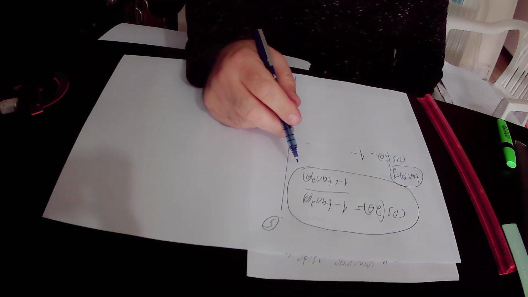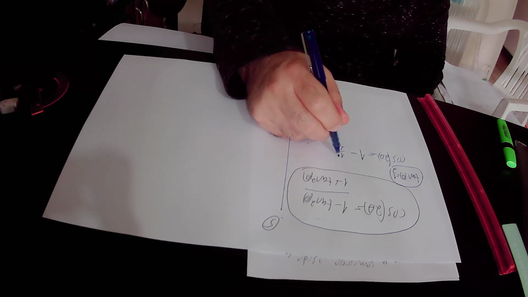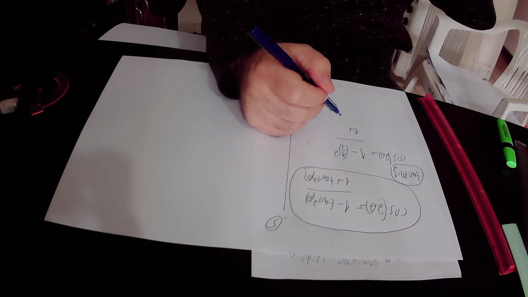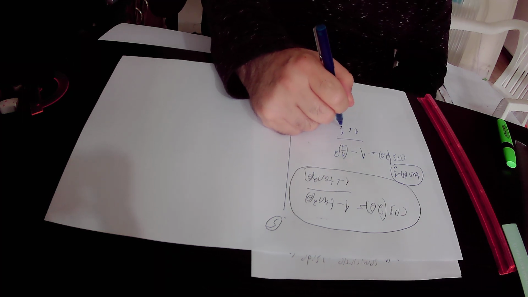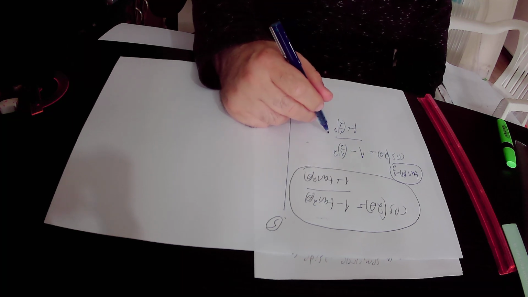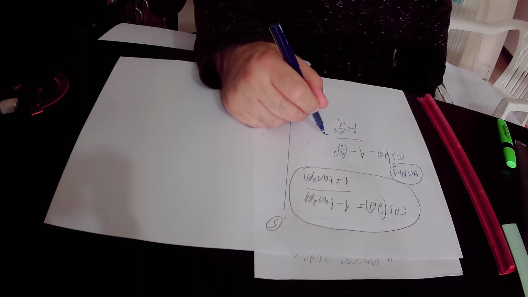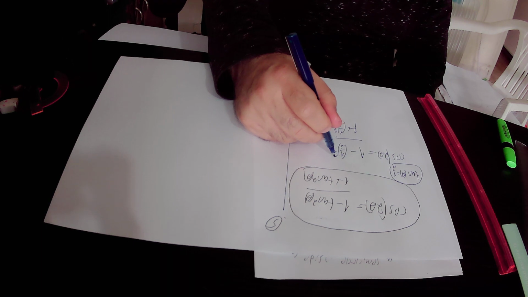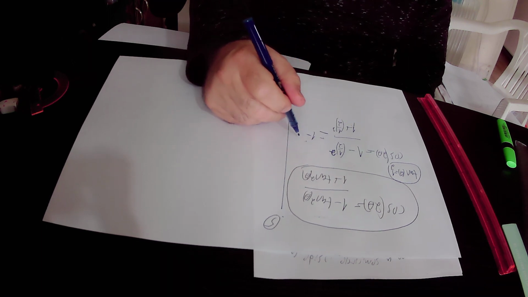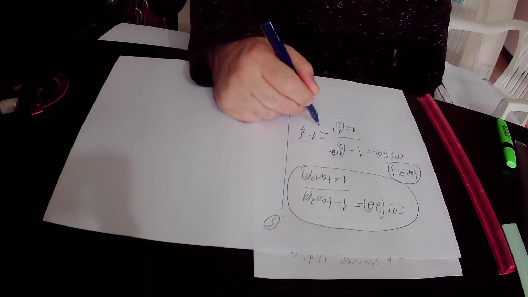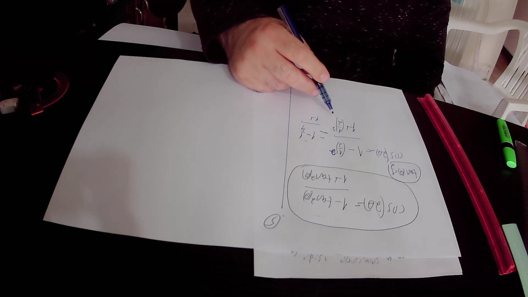If tangent theta equals to 1/2, it means that tangent square theta will be equal to 1/2 square. So here we have 1 minus half square, and half square is 1/4, so I will substitute half square by 1/4 over 1 plus half square, which is 1/4.